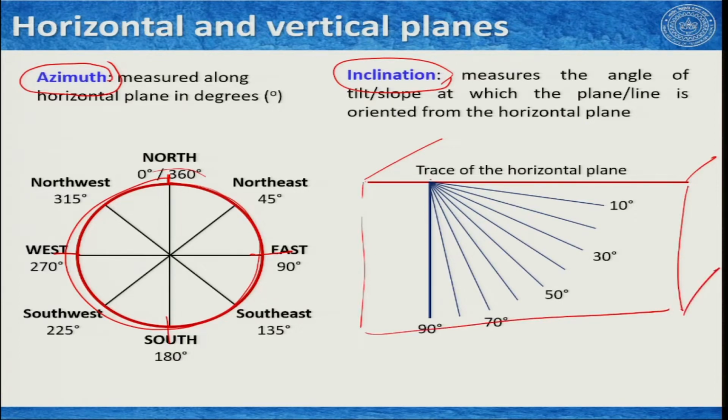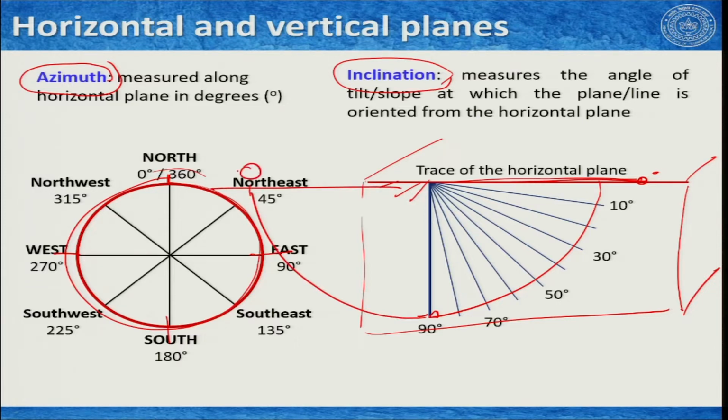We can have measurements. This is 0, because this is a horizontal line. The inclination of this line is 0 degrees, and then you can come to 90 degrees. And then again you can have another set of lines on this side, where you can again achieve 0.